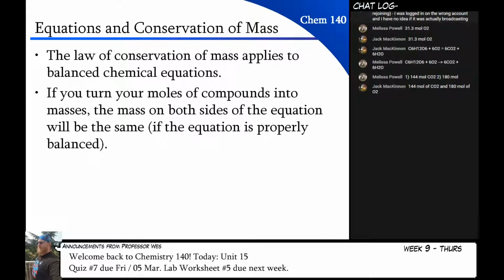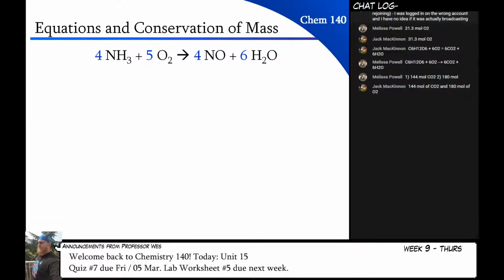So for instance, if I was able to turn the number of moles on both sides of the equation into masses, which is not difficult to do if we know the molar mass, you can go to LenTech to get that molar mass number. You can see that the equation will be properly balanced. So let's look at an example here.